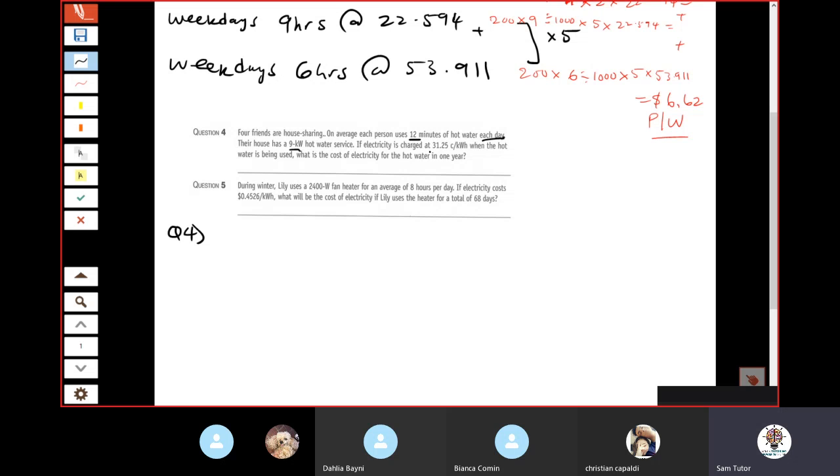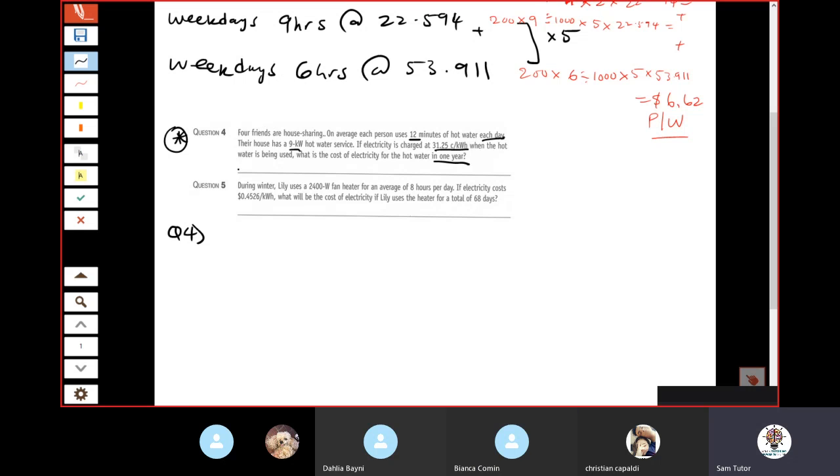If electricity is charged at 31.25 cents per kilowatt hour when the hot water is being used, what is the cost of electricity for the hot water in 1 year? That's a typical exam question. They give it all in the one line. They're not going to really break it up for you.